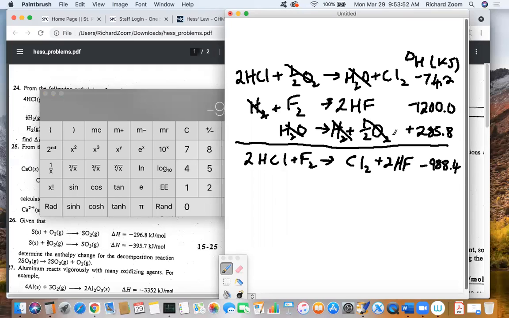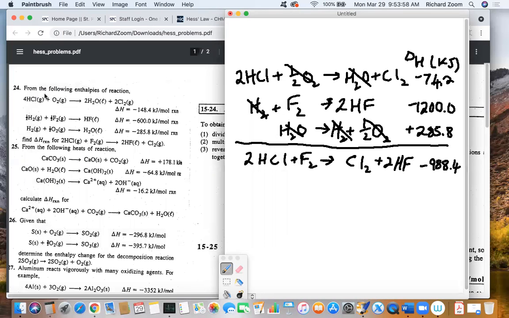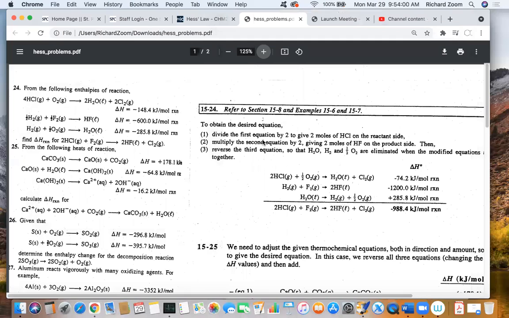Does anybody have any questions? So on this worksheet, you can see the answers are all here, so you can see I did get it right, which is good. And it also shows you what you need to do in each step.